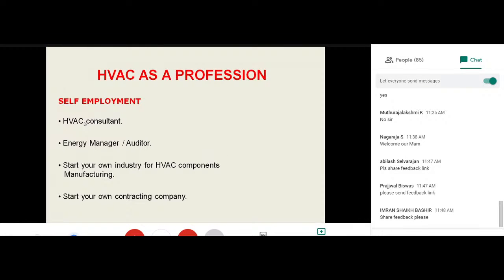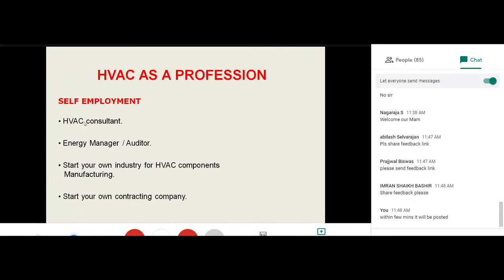Over a period of time, once you get knowledge of the subject, once you are mature enough and have self-confidence, you have the opportunity to go for self-employment as an HVAC consultant, or as an energy manager and auditor. BEE conducts energy auditor and energy manager exams every year. Being on the HVAC side, you can go for these certifications.